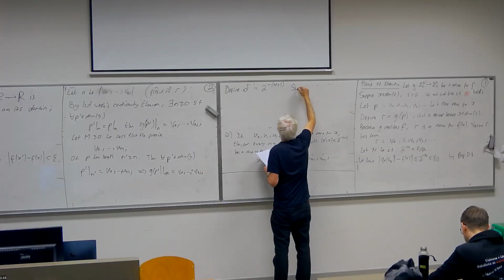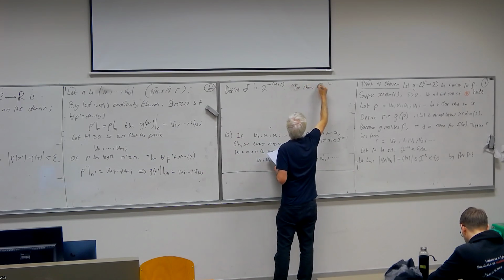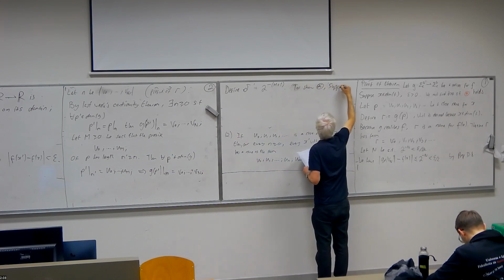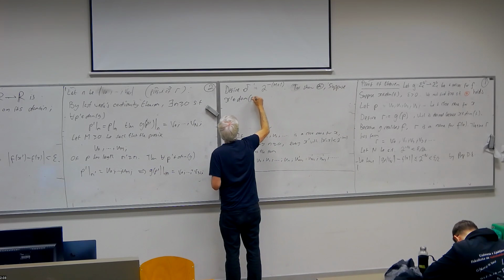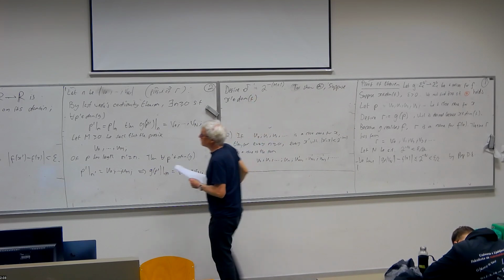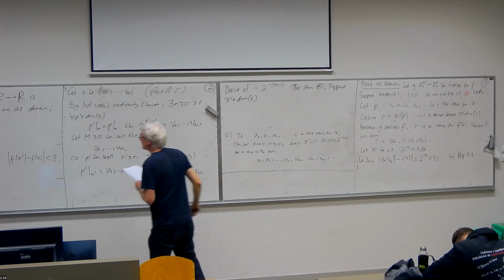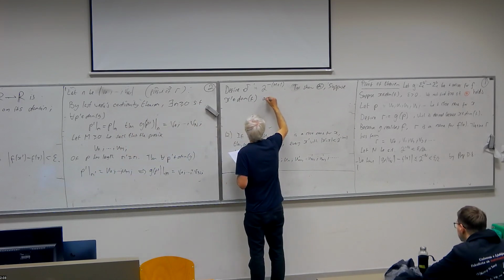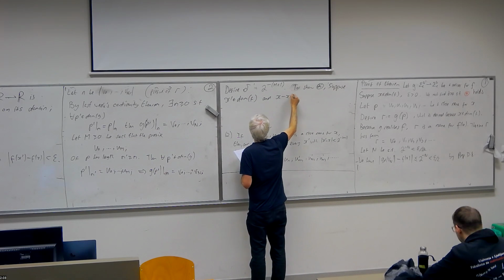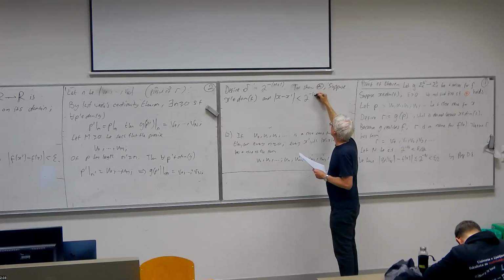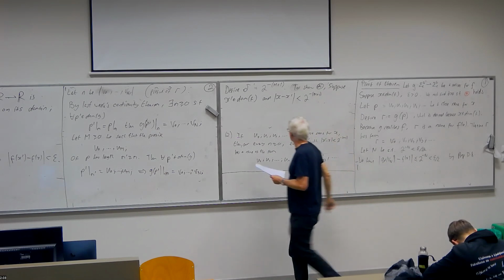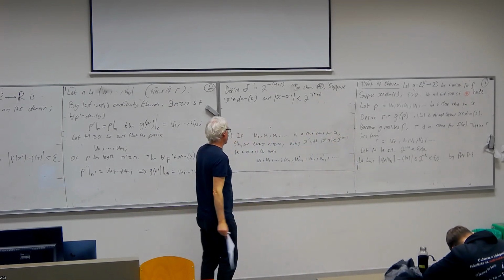So to show star, suppose x prime is in the domain of f, and the distance of x from x prime is less than 2 to the minus n plus 1, less than delta. Okay, good.